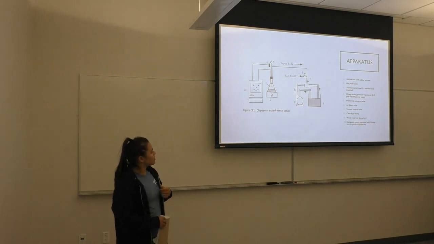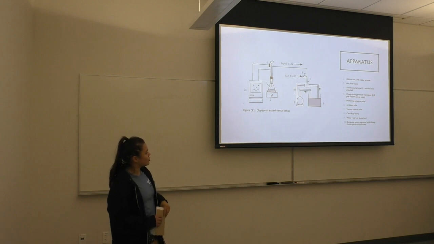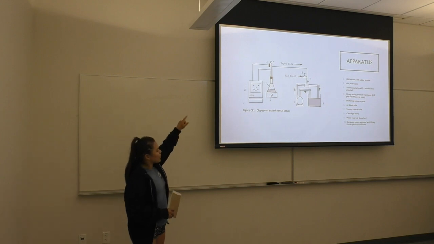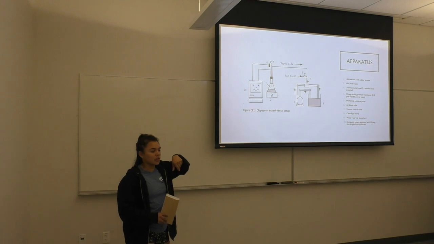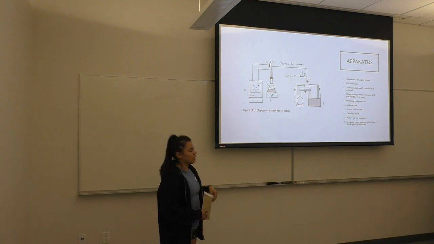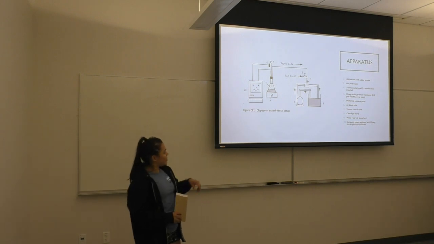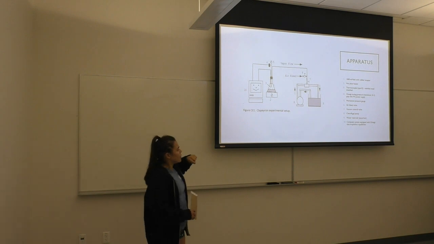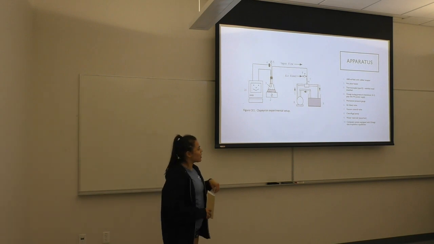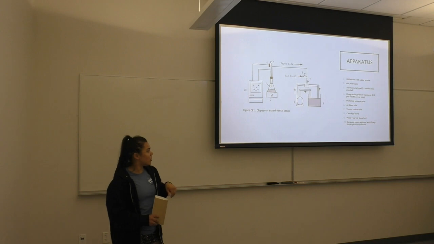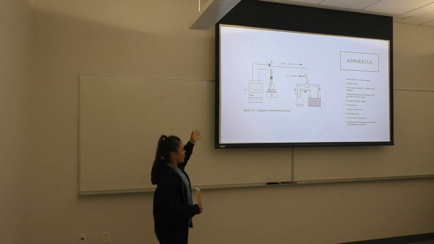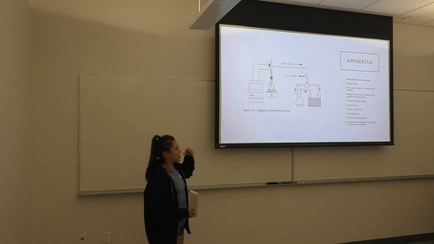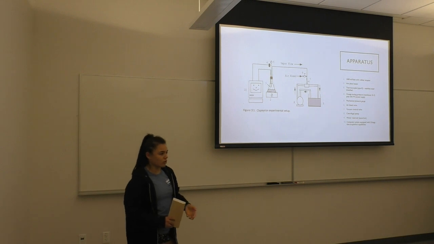And then 4 is the Omega analog pressure transducer. 5 at the top there is the mechanical pressure gauge. 6 is the air bleed valve. 7 is the vacuum control valve. And then 8 is a centrifugal pump. 9 we have a water reservoir, and then 10 we have the computer system that we would use to log the data.